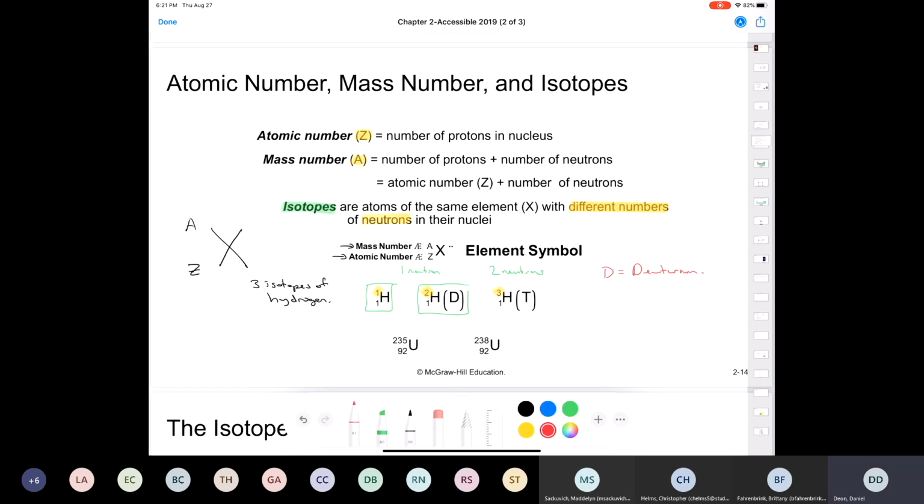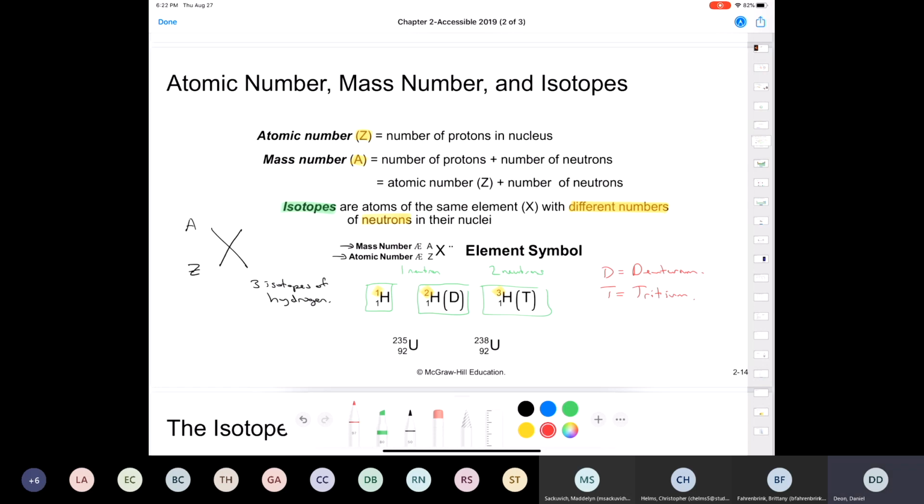Hydrogen 3, the next one, we can either call hydrogen 3, or we use the letter T, which represents tritium. Remember, the chemical properties of these isotopes are going to be the same. And if you're wondering about atomic bombs, that's nuclear chemistry, not what we're talking about right now. I'm just talking about regular chemical reactions that don't involve manipulating nuclei in any way.